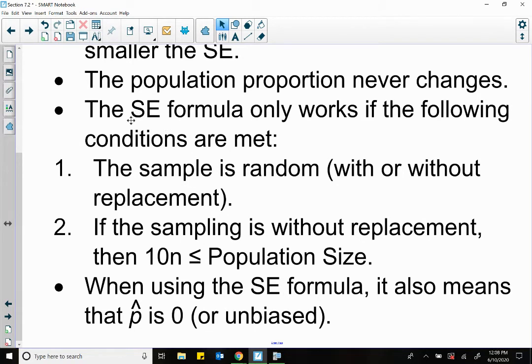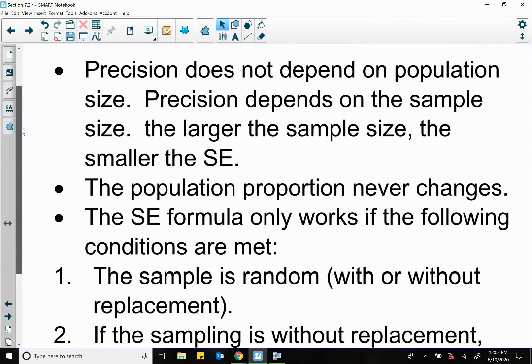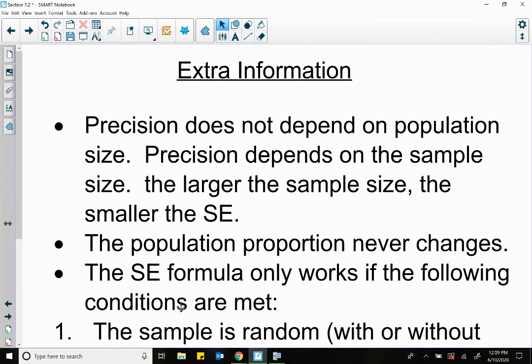So when we run this standard error formula, it means that p hat is 0 or unbiased. Okay? So kind of some important information, little extra pieces of information about precision that you need to know. Okay?